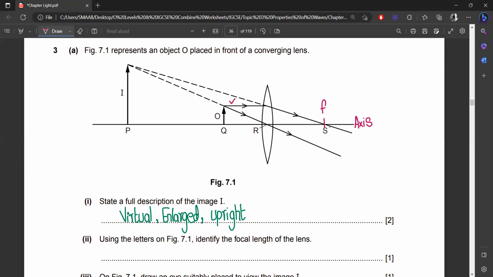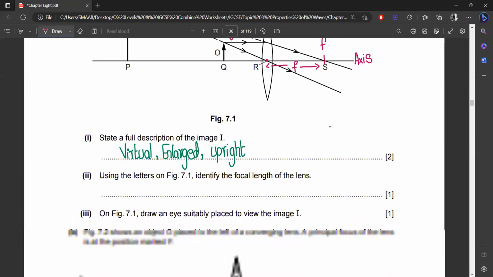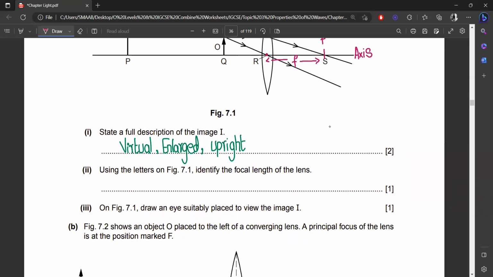Okay. And RS will be the focal length, right? This will be the focal length. Yes, so this is the answer, and according to the diagram, RS gives you the focal length, right?